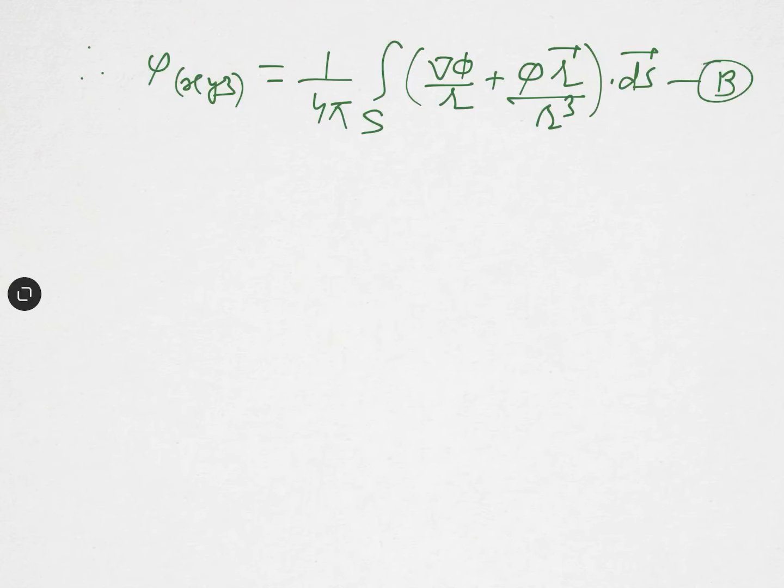This will be the potential, or you may say the solution of Poisson equation when there is no charge bounded by the surface S. You can see it is apparent that the surface integral in this equation B represents the contribution to the potential phi of all charges which are exterior to S. Because we have considered there is no charge inside S, it means what kind of charges are the source of this potential?